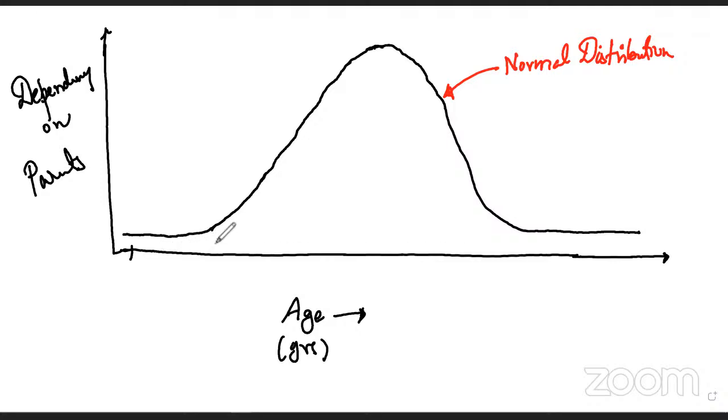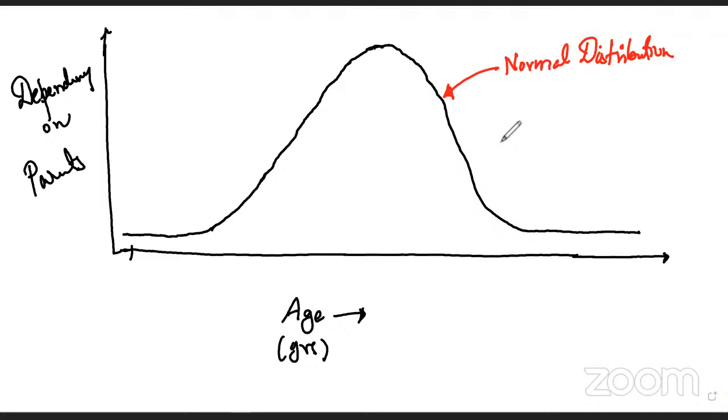But after a certain age, we come to realize that we are dependent on the parents, and as the age increases, they are paying more money for our colleges, more dependency, and up to one particular point. After that, once you got into a job, slowly your dependency level comes down, and then there is no dependency at all. So this kind of bell curve we call a normal distribution.